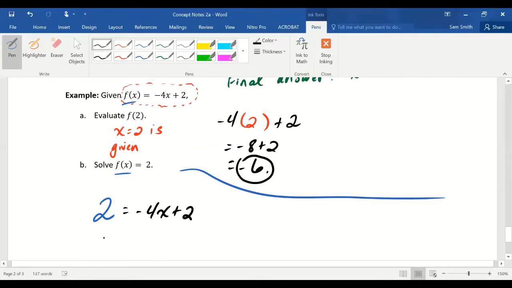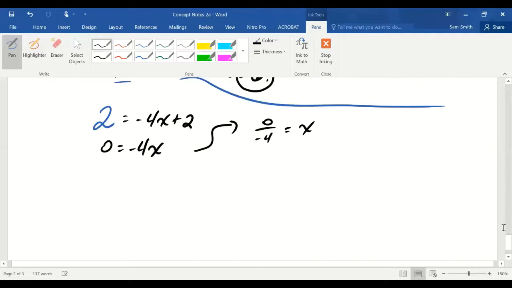Subtract 2 from both sides, divide both sides by -4, and 0 divided by any number is 0 again. So if x is equal to 0, then I will have my desired output of 2.